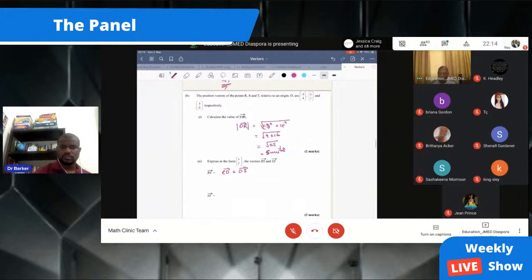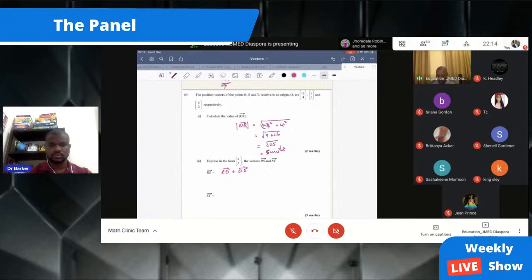We're traveling from R to the origin and from the origin to S. Sir, how did you get rid of the negative 3 sign? When I square negative 3, negative times negative becomes a positive.